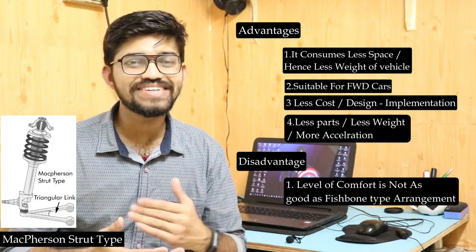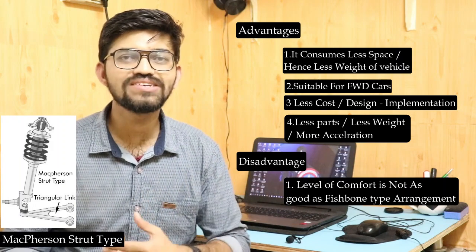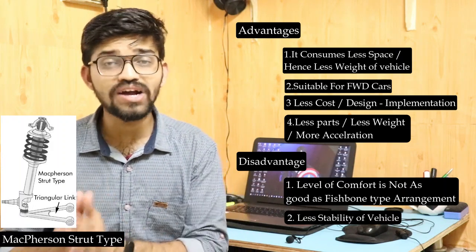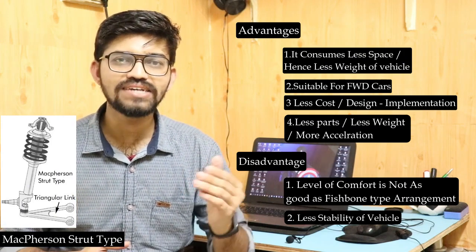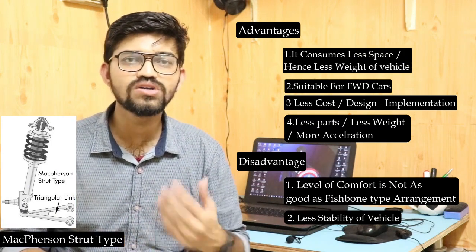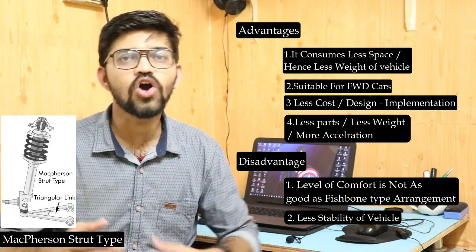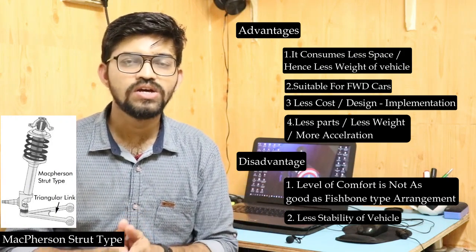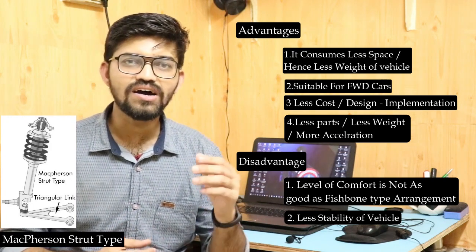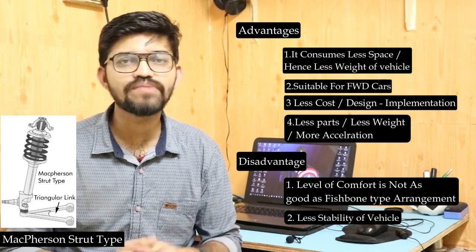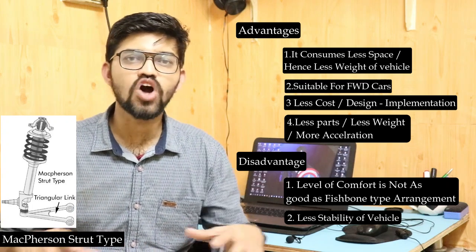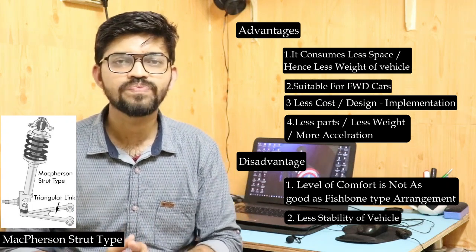Also, it will lose the stability of the vehicle, as it carries less unsprung weight, so it will lose stability while driving and cornering. It will give you less traction. So that is the major disadvantage of this type of suspension arrangement. But it is the most commonly used in a lot of cars.